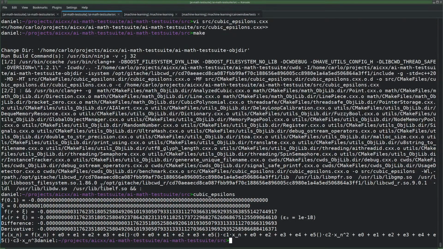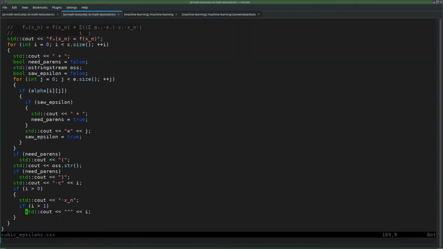It's all big formula and no parentheses printed here. What? Oh, because I'm not printing to the output string. You idiot.